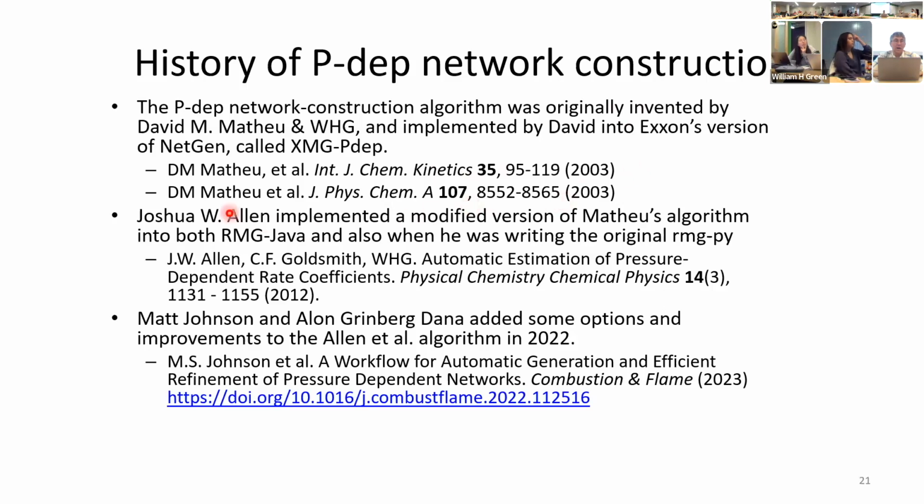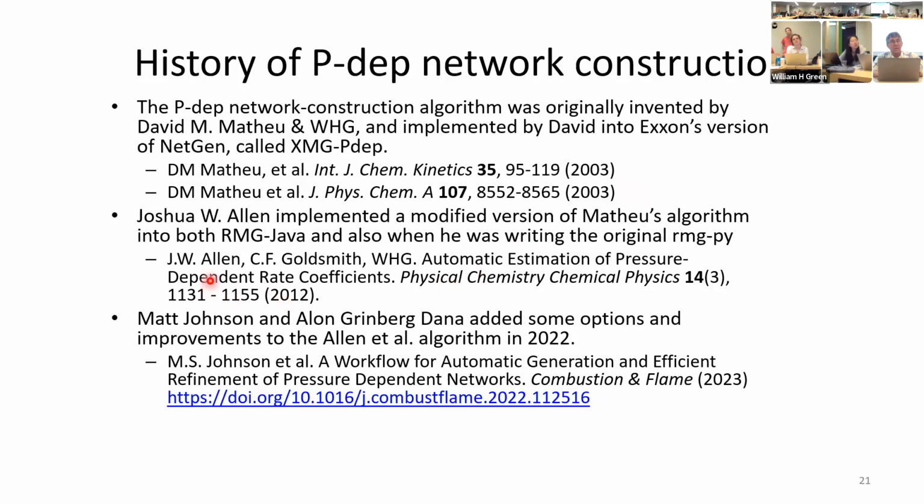But when the other student, Jing Song, wrote RMG, she didn't understand this PDep thing, it was brand new. And she said, forget it, I have enough headaches just getting RMG to work. So she just did normal high pressure limit rate constants. And so the original version of RMG that was available up until about 2011 didn't have any pressure dependence.